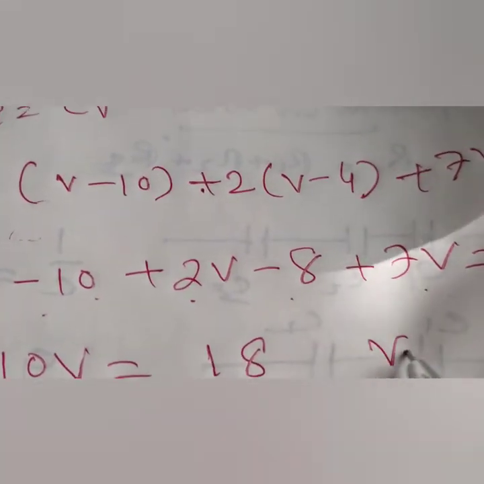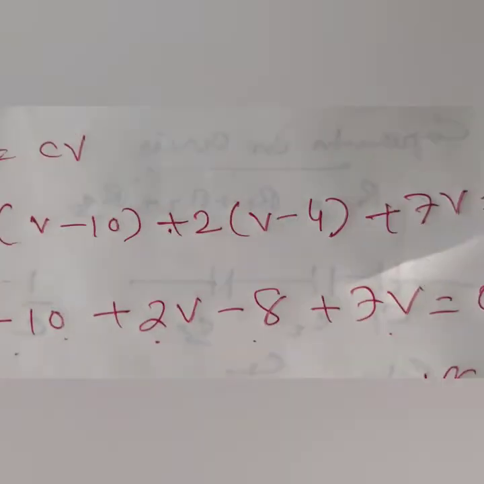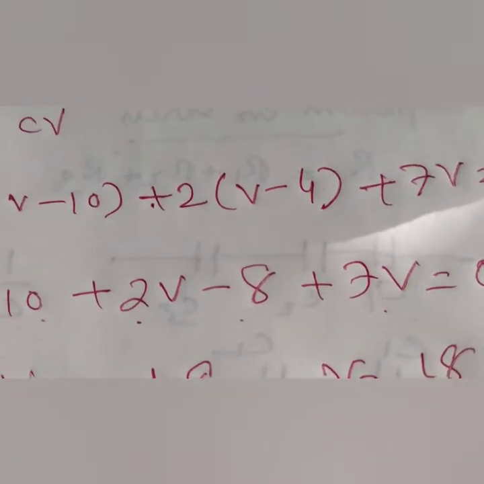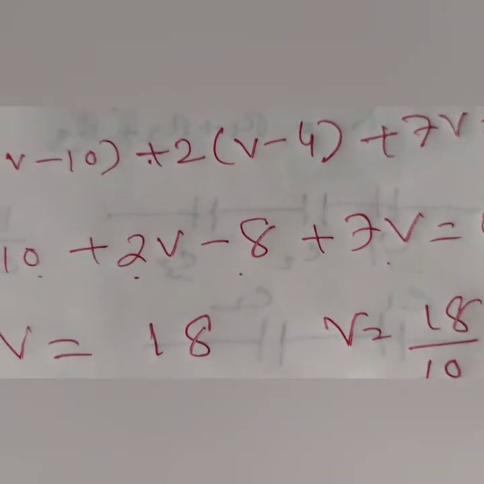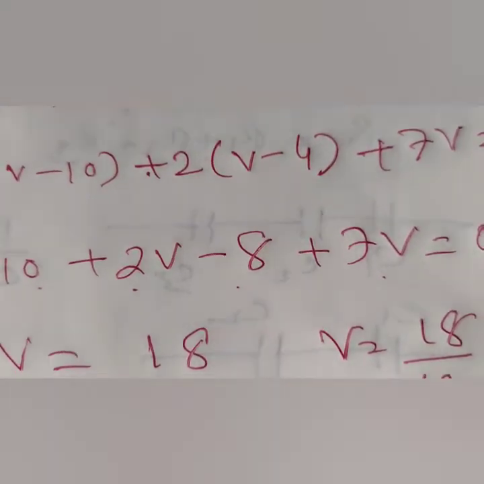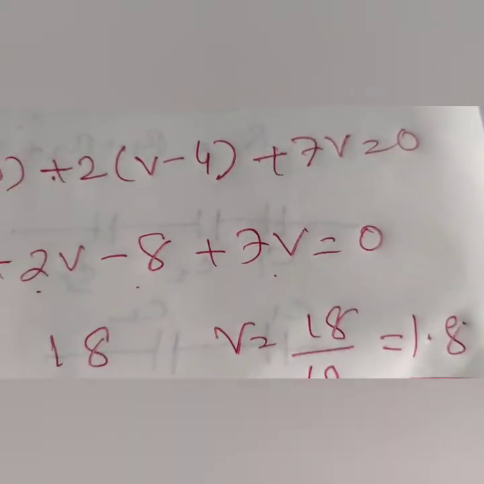So V is equal to 18 by 10, that is 1.8. We have to find the voltage across. So 1.8 volt is the voltage at this point.